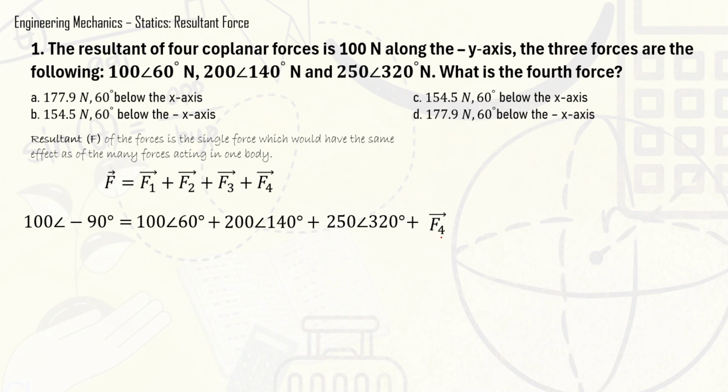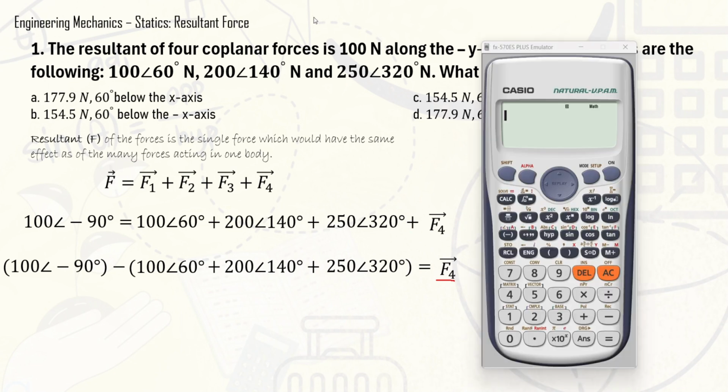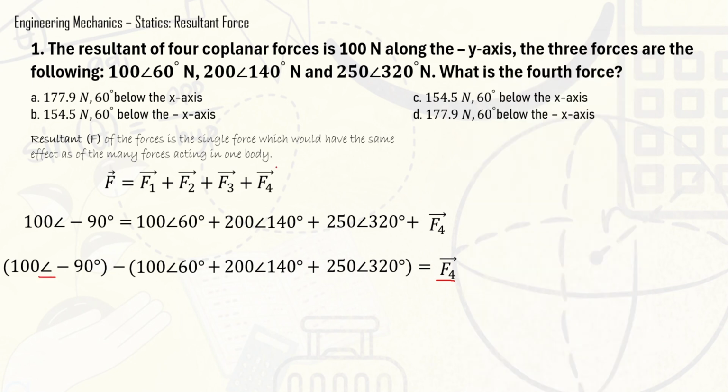It's also easier to just transpose yung mga values natin so that yung unknown is nasa isang side na siya. Sa calculator natin, kailangan natin pumunta sa mode 2, which is your complex, para ma-input natin yung angle natin, this one.